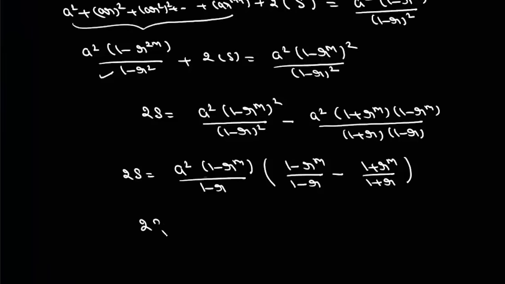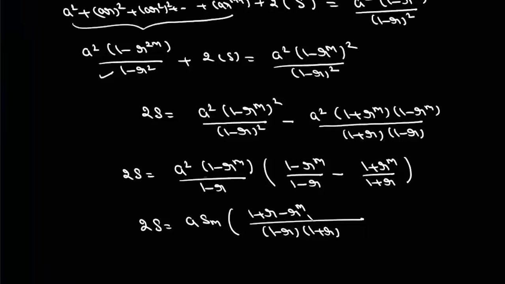So we can write 2S will be equal to a into Sm, and here we can write this as 1 minus r into 1 plus r, and here will be this 1 plus r minus r to the power m minus r to the power m plus 1, and here will be this minus 1 minus r to the power m plus r to the power m plus 1.